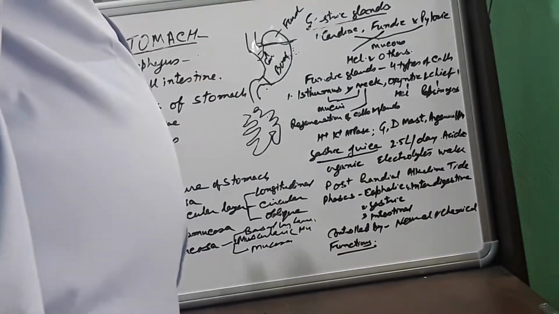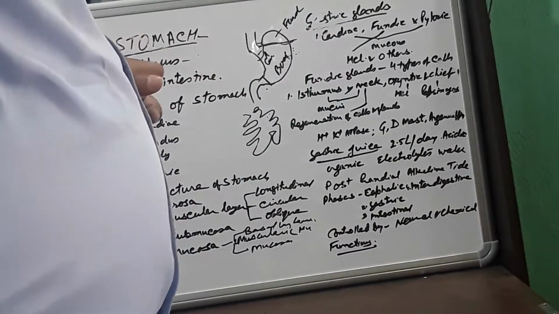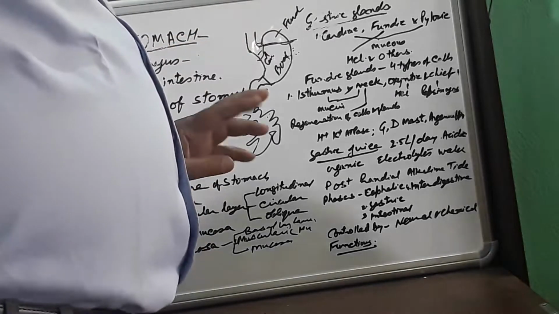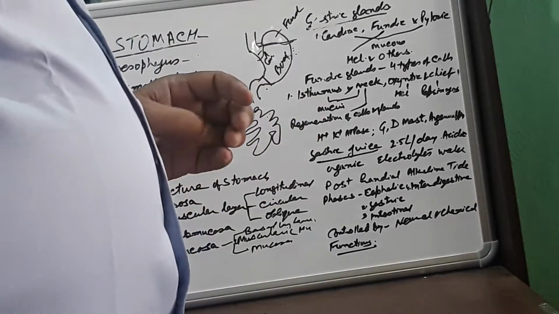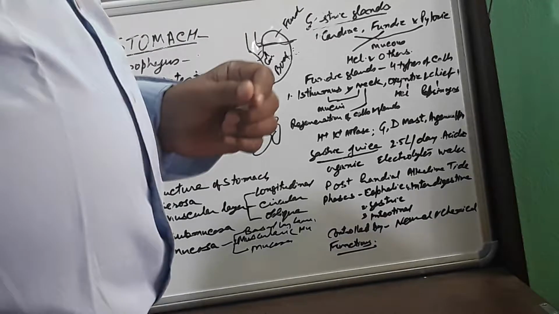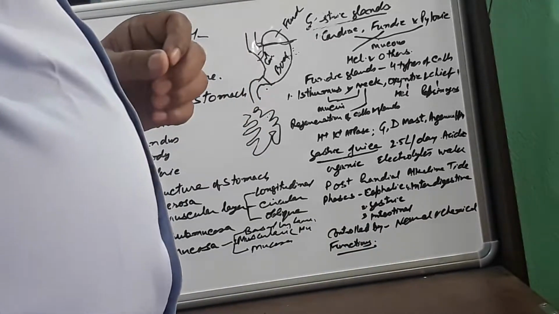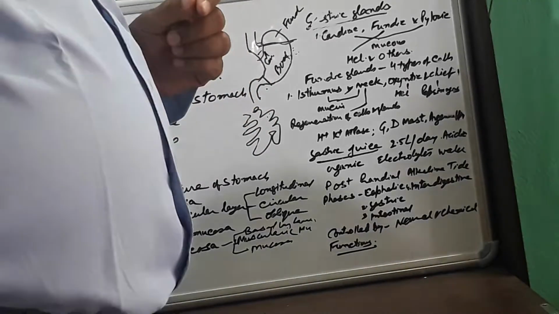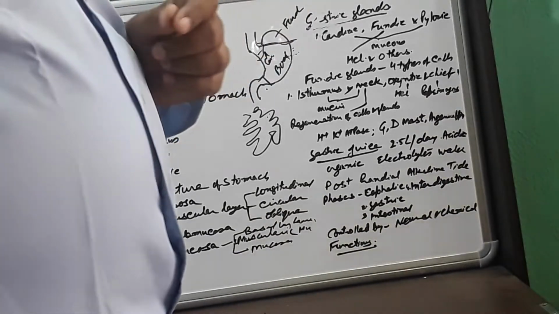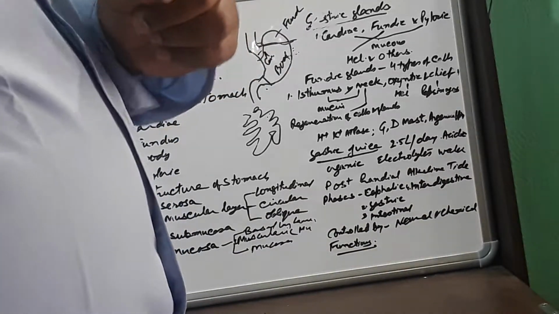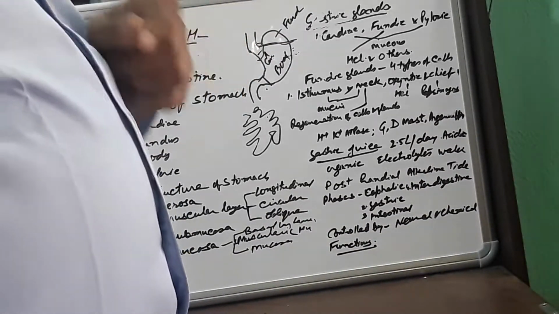Glands are present in the mucosal layer. They are known as gastric glands, and the product of these glands is known as gastric juice or gastric secretion.